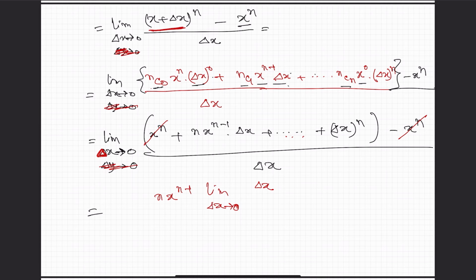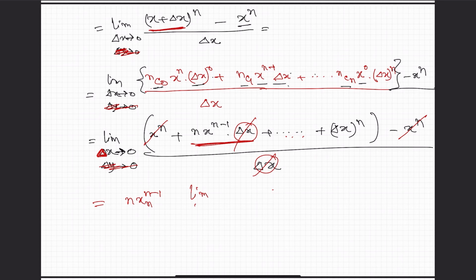Okay, let me clear it out and write it again. For this term we can write that this del x and del x will cancel each other. So this term we will just single out.